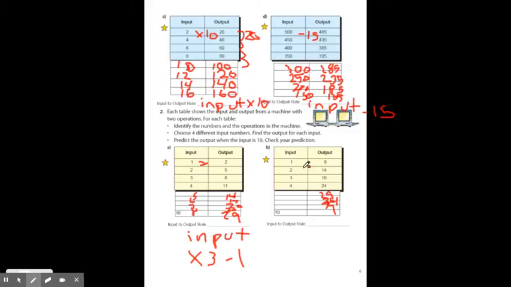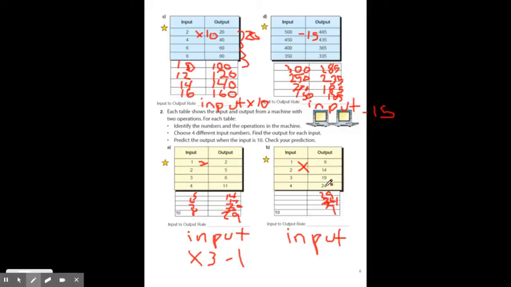Input output rule. Well, I notice my output is bigger, so it's a growing pattern, which means start with add or multiply. 1 plus 8 will give me 9, but 2 plus 8 gives me 10. Doesn't work, so I'm going to start with multiplying. Now, I also know that I can sometimes use that output number as a clue.